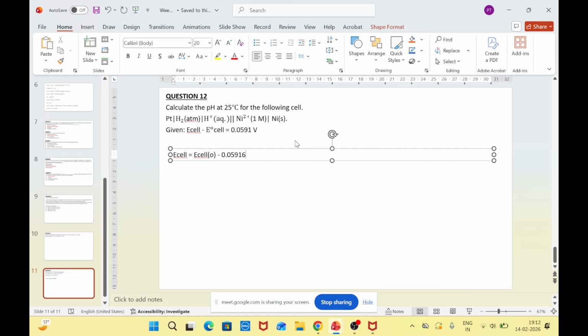I am writing the value of RT by nF as 0.05916.